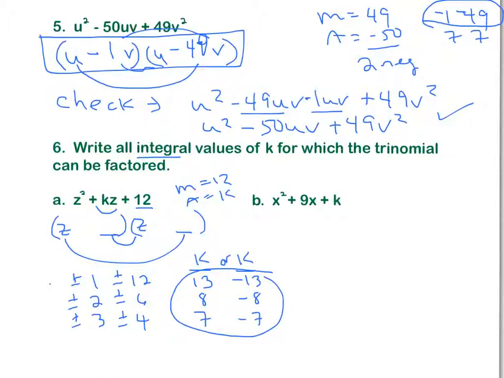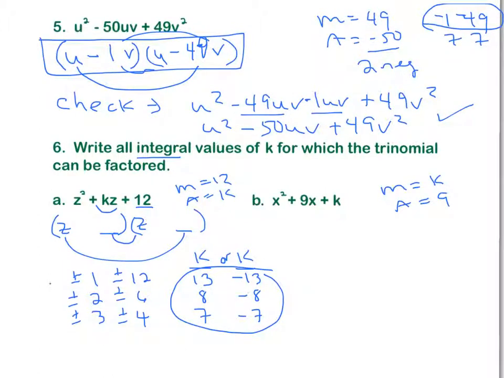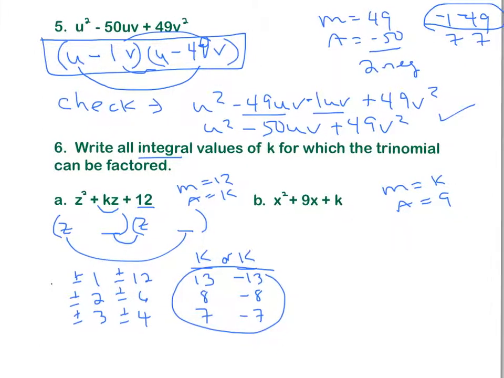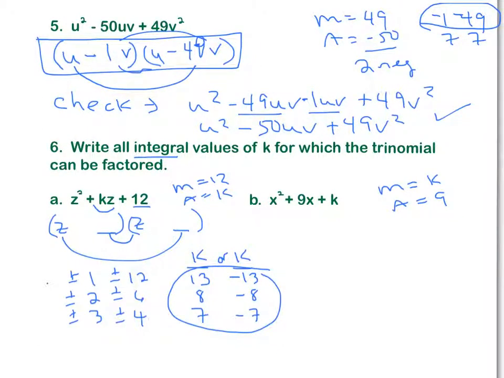Okay. How about this next one? What I have is what multiplies to give me k and adds to give me 9. In this case, my k is positive, so I'm only looking at positive values of k, not negative k's. So let's be careful with that. Okay. So if I look at this, what adds to give me 9?